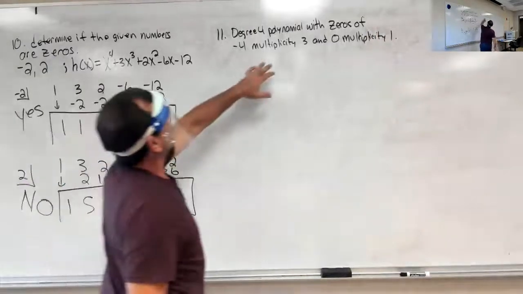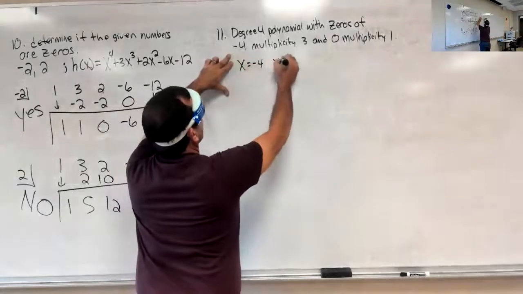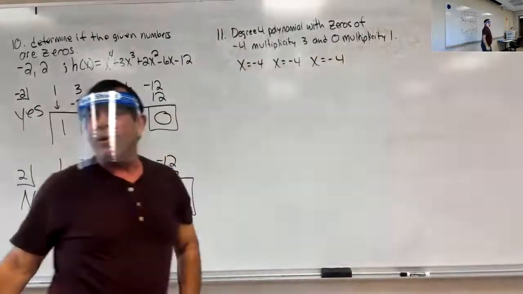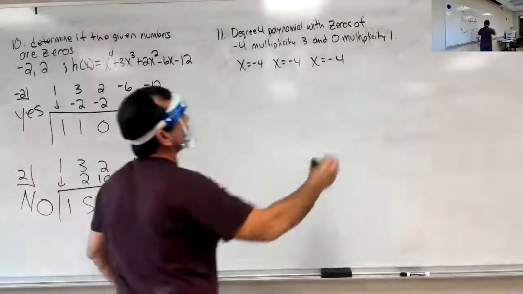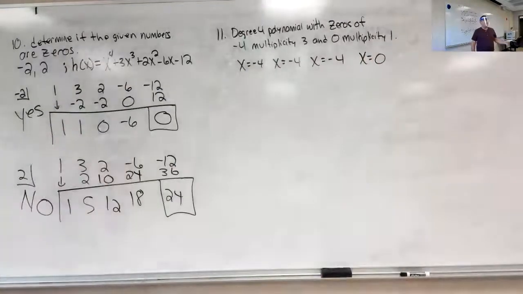But remember, multiplicity 3 means you got x equals -4 3 times. And then 0 with multiplicity 1 means 0 is an answer 1 time. When you write them 4 answers, you got to have 4 answers because it's a degree 4, okay?